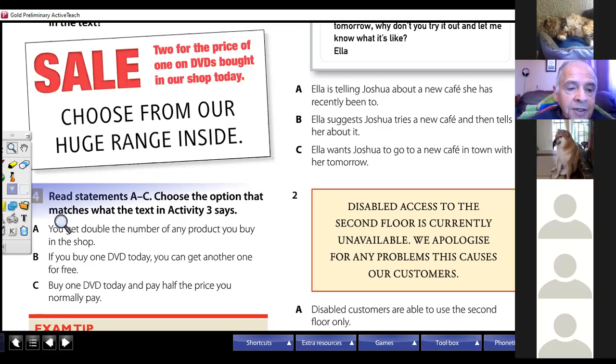Okay, because in here you say you get double the number of any product, and it's not any product. It's only DVDs, right? And the other one, buy one DVD today and pay half the price. That's not correct because you don't pay half, right? So the other ones are out. Okay. Let's see now. We are going to see other things that could be other options.